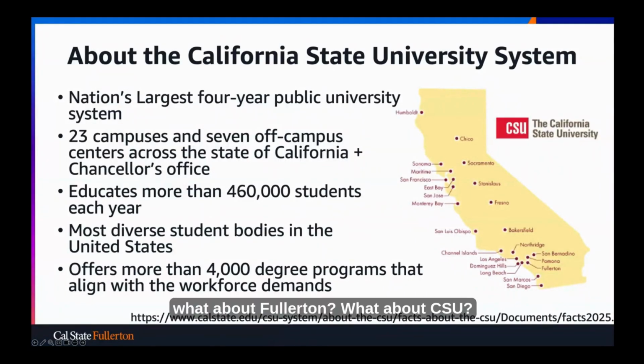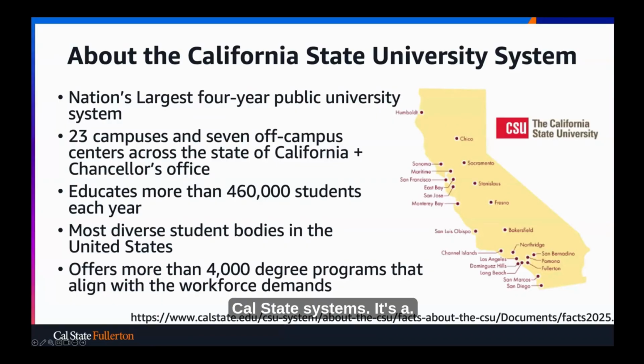So what about Fullerton? What about CSU? One of the things we've done so far is, as CSU, we are 23 campuses, the California State University system. When we look at this particular technology, we're like, wow, how can we apply this to the other campuses?